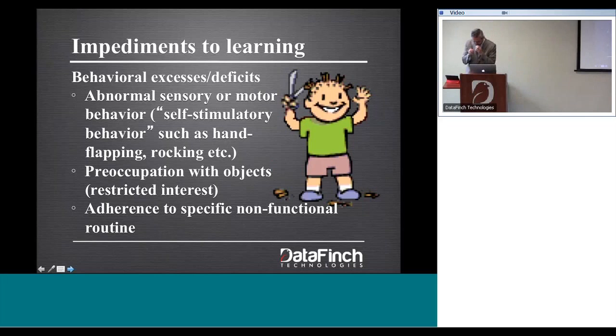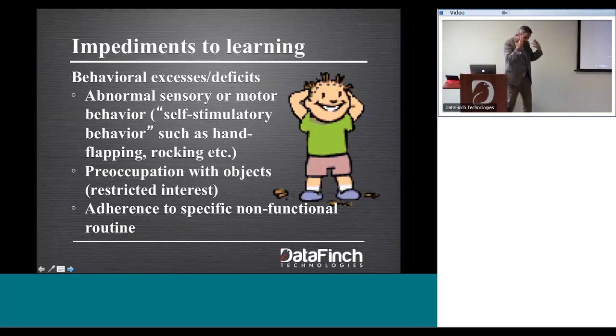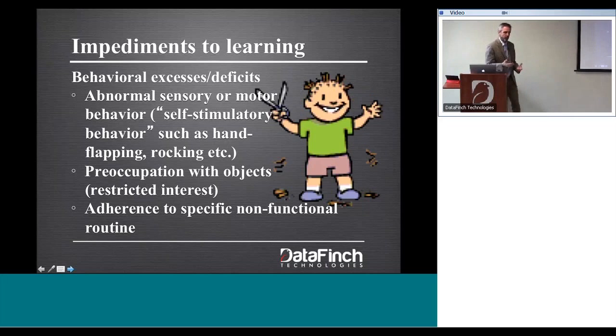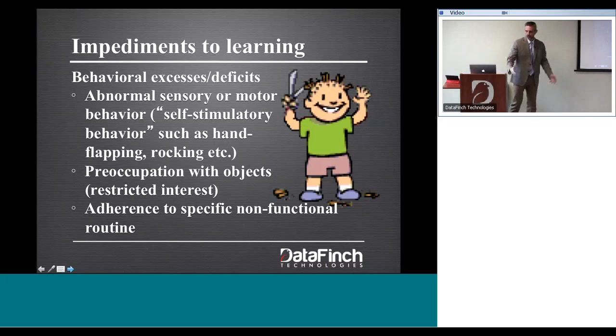So I'm a kid with autism, I'm playing with a rubber band, and I can't listen to you, or won't listen to you while I'm playing it. I can't acquire a new skill. I can't participate in instruction while I'm engaging in this behavior. And if it's very pronounced, if I engage in hand flapping behavior, that might interfere with socialization, because it might prevent approaches, natural approaches from other kids or peers.